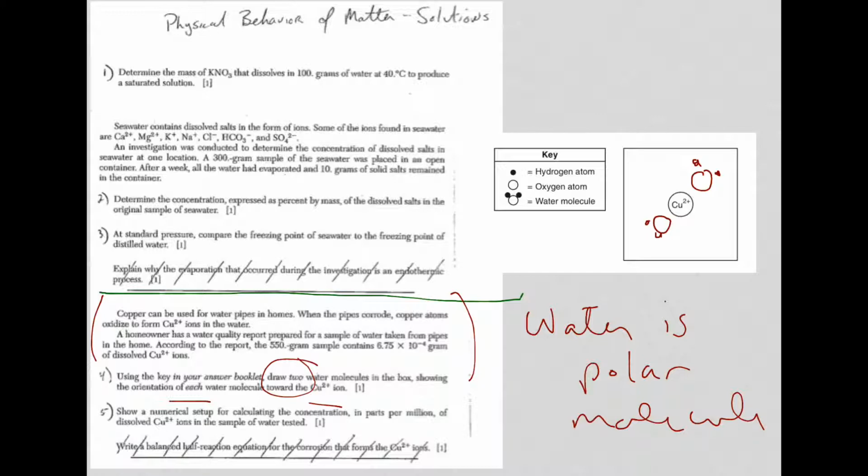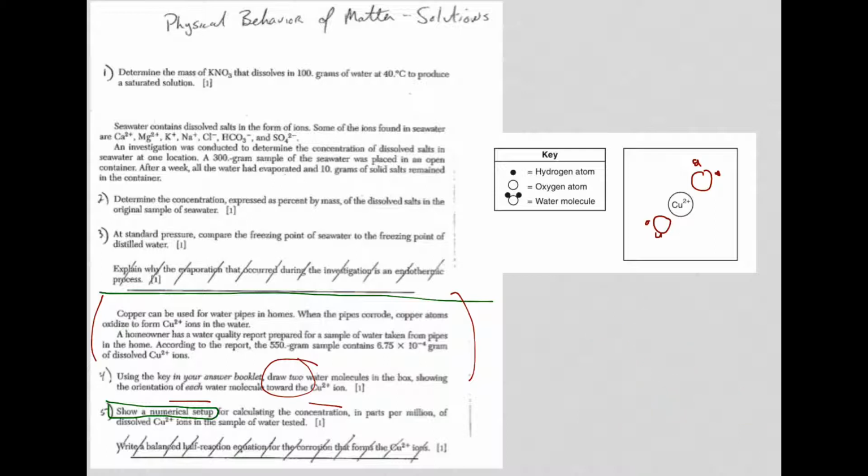In question 5, you're asked now for a numerical setup. A numerical setup means that you're going to plug the values into the formula, and that would be your answer. In this case, they're looking for you to calculate the concentration in parts per million of dissolved copper 2 ions in a sample of water tested.